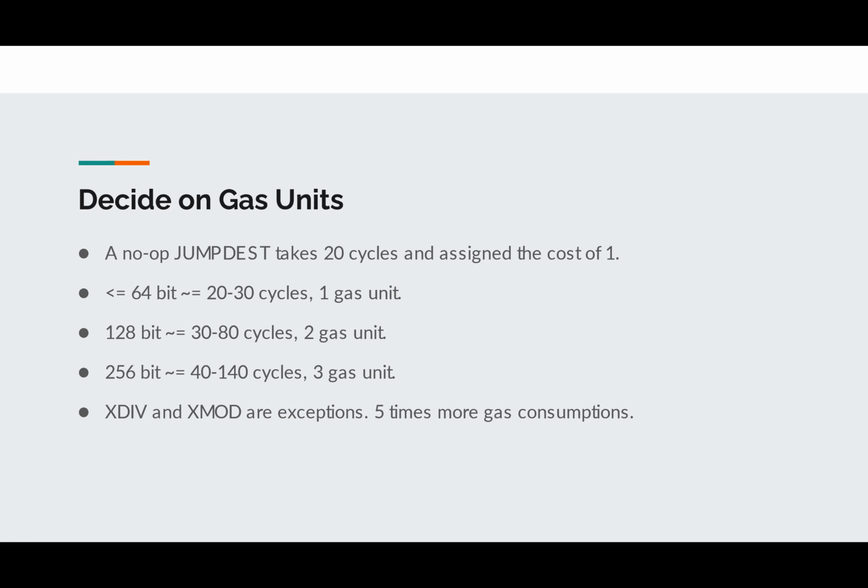A 16 byte operation approximately takes 30 to 80 cycles, so we assigned 2 gas units. And with the same idea, we assigned 32 byte operations 3 gas units. For all operations, it takes similar cycles, except division and modulo operations take approximately 5 times more cycles, so we assigned them 5 times more gas units.